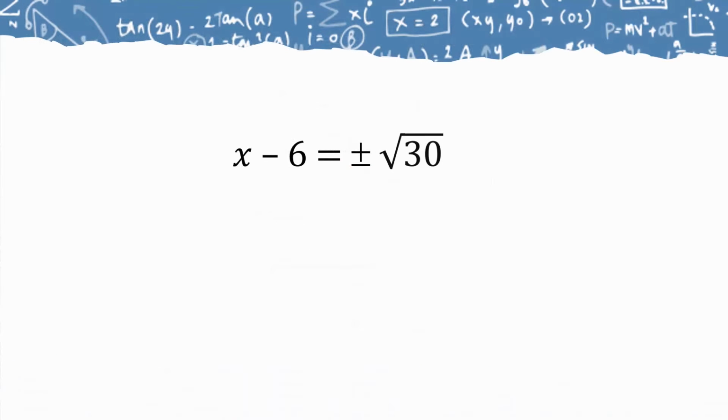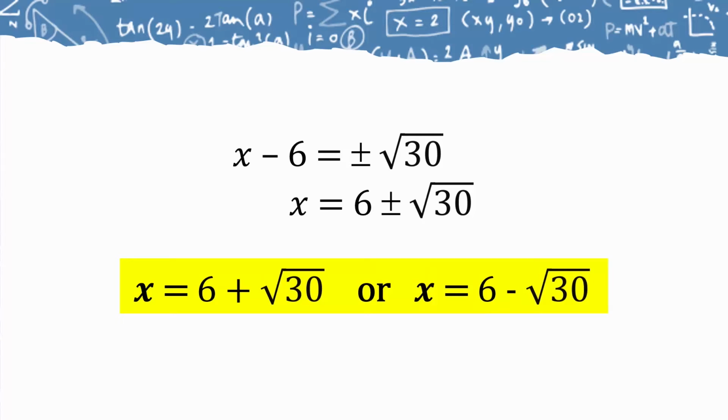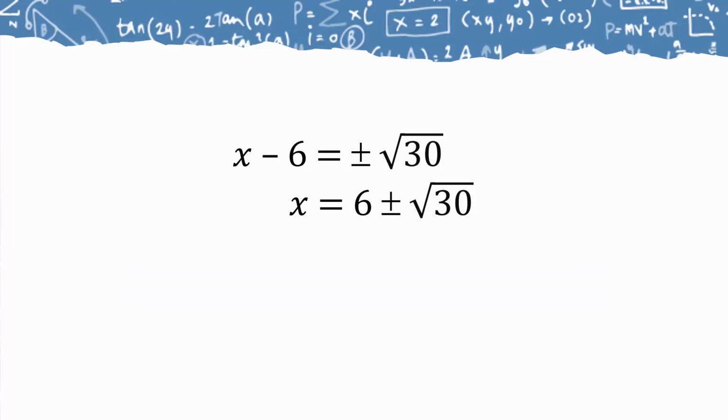Simplifying further, we have x equals 6 plus or minus square root of 30. And then, separating it into two equations to solve for the values of x, we have x equals 6 plus square root of 30, or x equals 6 minus square root of 30.